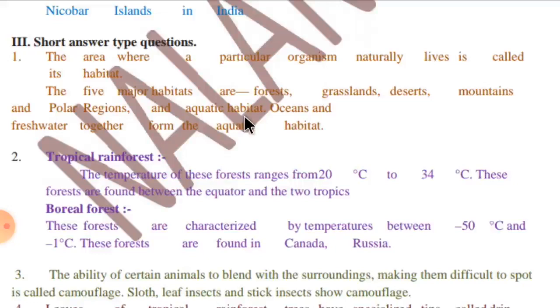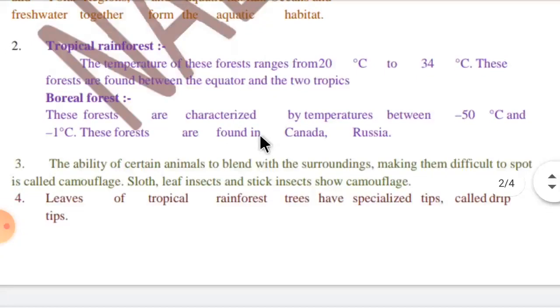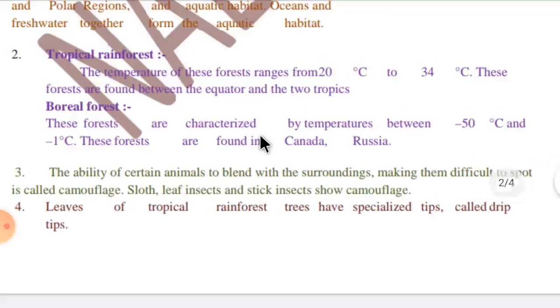Let's see the next question. Differentiate between the tropical rainforest and boreal forest. First of all, tropical rainforest. The temperature of this forest ranges from 20 degrees Celsius to 34 degrees Celsius. These forests are found between the equator and the two tropics.